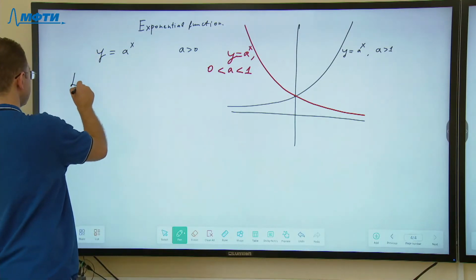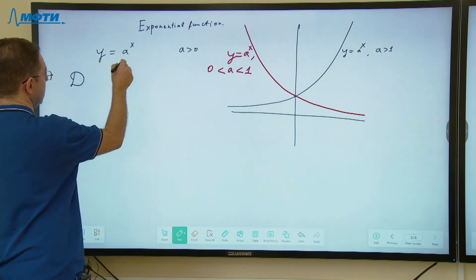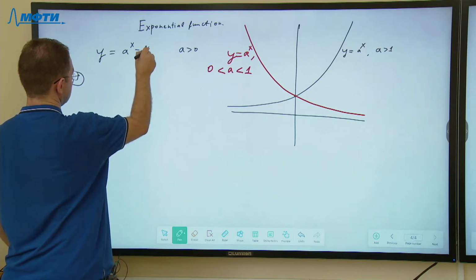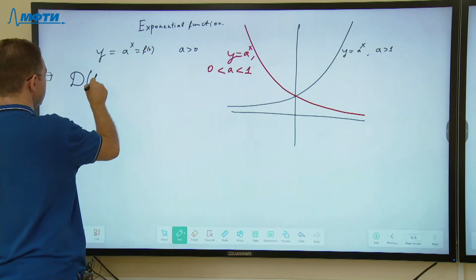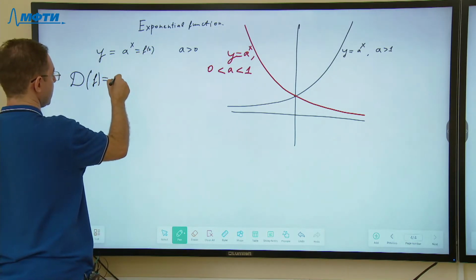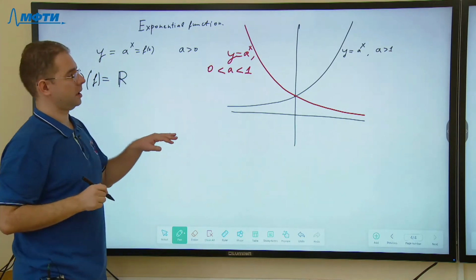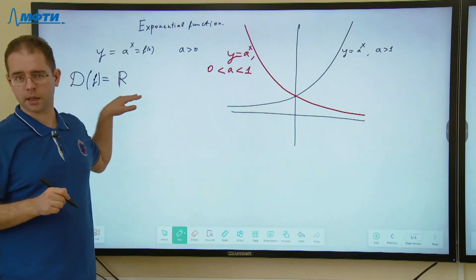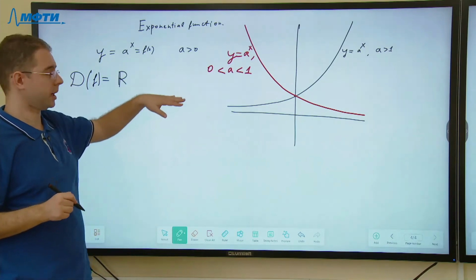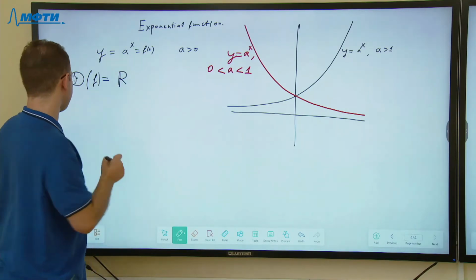So, the domain of this function, let's call it f of x. Domain of f is R. I can take any x, any power, and raise a to that power.